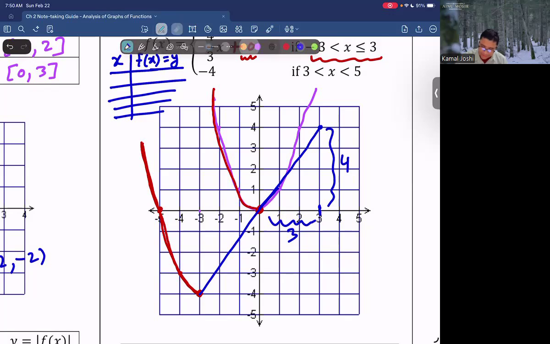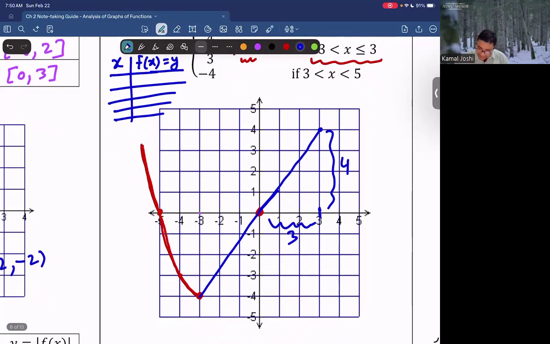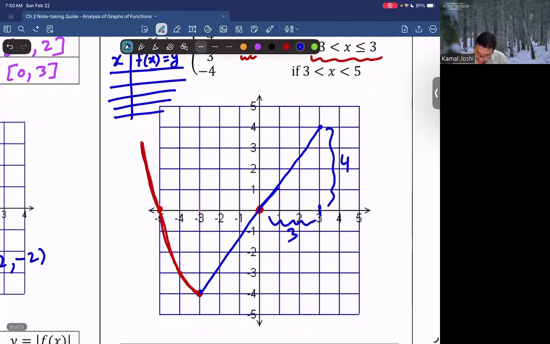And at this time, I'm going to erase the things that we don't need. Those are the parent graphs of different components. Okay, so the straight line from -3 to 3. And then actually on the blue line, you can kind of put a hole there if you want, but it doesn't matter because they meet at that point. Okay, so the whole function as such does not have a hole because their values coincide at that endpoint.